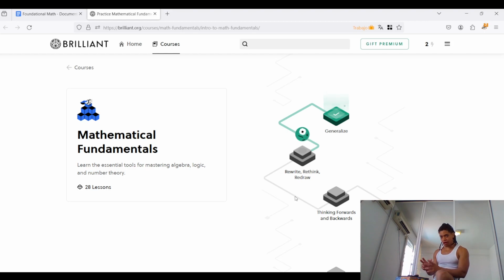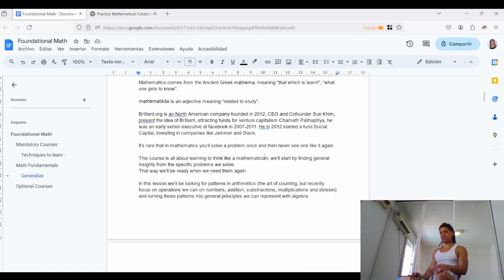This art of counting involves numbers and operations on numbers, such as addition, subtraction, multiplication, and division. Cool. So by looking at patterns in arithmetic, we're going to turn those patterns into general principles we can represent with algebra.